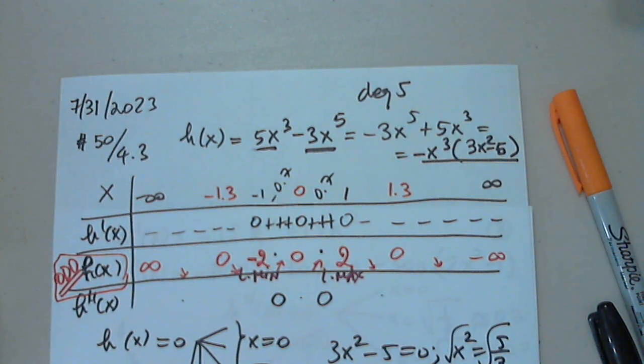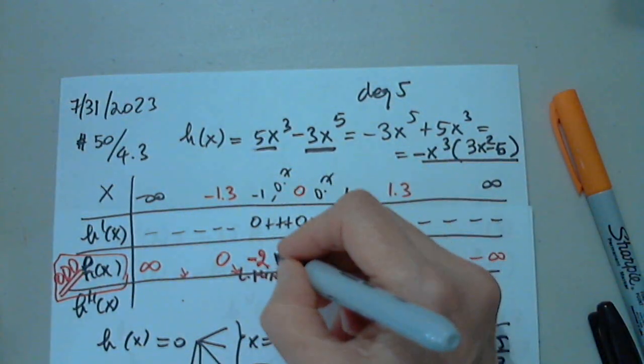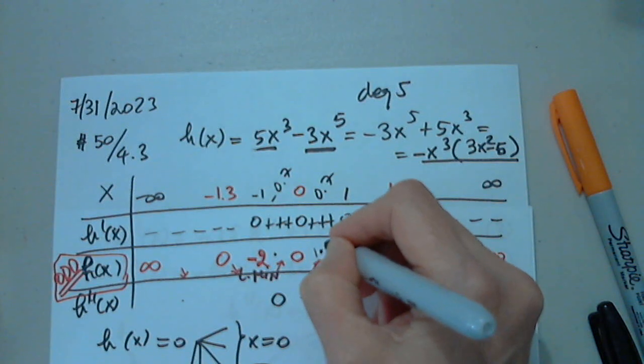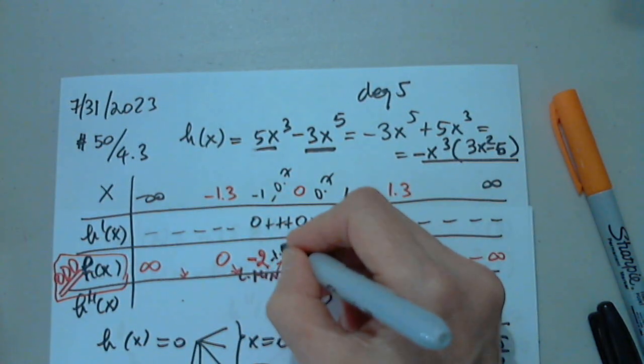So we had 5x to the third and then minus 3x to the fifth. So in here, I have to plug in the 0.7 and see what I get. 1.2. So this is 1.2, and this is negative 1.2.